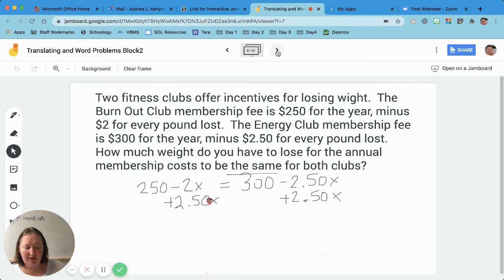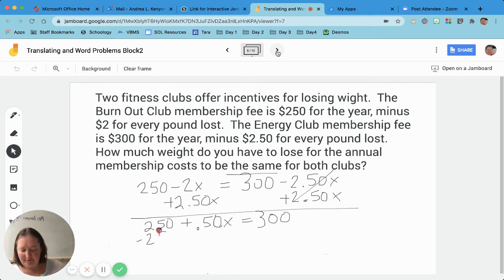I'm combining my like terms. Now that canceled out. And I have 250 plus, don't forget the 0.50. That's not 50, it's 50 cents. So 0.5x is equal to 300.